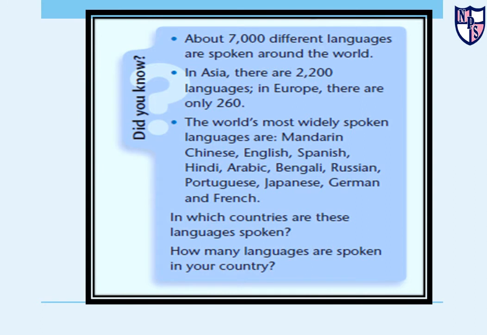Now, the Did You Know section in your book tells us that a total of 7,000 languages are spoken around the world. In Asia alone, there are 2,200 languages spoken, but in the whole of Europe, which is also a continent, only 260 languages are spoken.